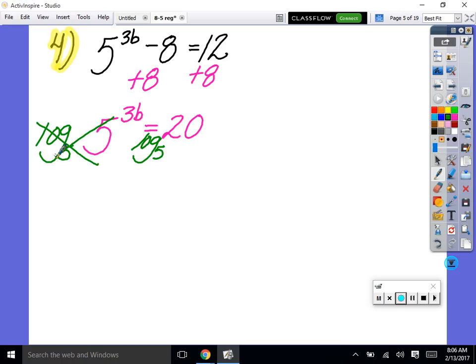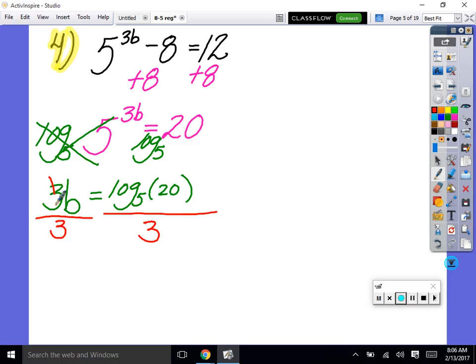That's what inverses do. So we have our 3b that drops down out of the exponent now, which is nice because we're trying to solve for b. We can't solve for b if it's stuck in an exponent. And then over here we have log to the base 5 of 20. Questions?